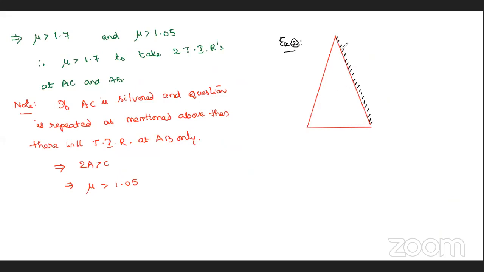Okay. Here, suppose this is A, B, and C, if I take again. And here he is saying one light ray incident. At what angle he did not mention. Just he framed one question without diagram: one light ray incident on the surface AB such that it retraces its path.